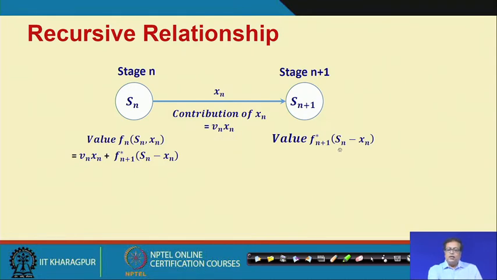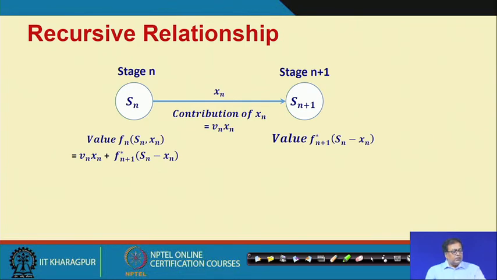So, that s n minus x n is our value, the optimum value at stage n plus 1 is f star n plus 1 of (s n minus x n), and the recursive relationship therefore should be f n (s n, x n) equal to v n (x n) plus f star n plus 1 (s n minus x n).